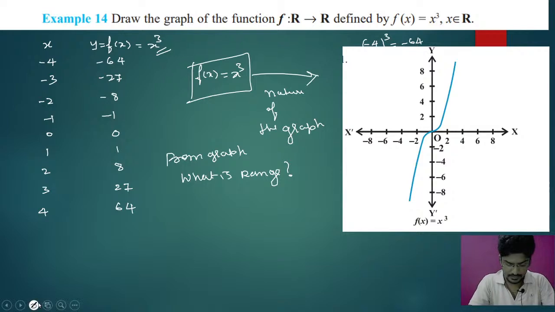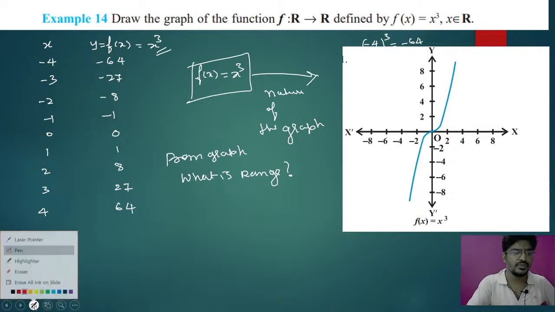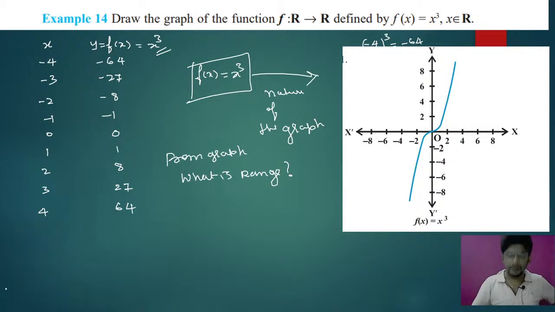So range is not integer. Range is not integer because integer means only plus 2, minus 2, plus 1, minus 1. See here, my dear students, see the graph first.